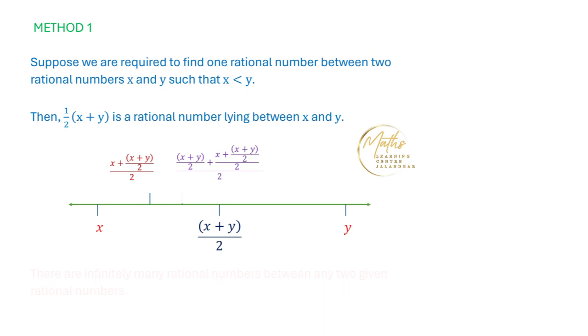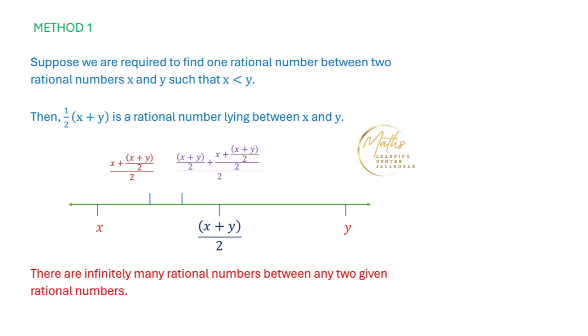So it will represent the number in the middle of these two numbers. Likewise we can continue this process, and we can see that there are infinitely many rational numbers between two given rational numbers. We can repeat this process infinite times, and we can obtain as many rational numbers between x and y as we want.